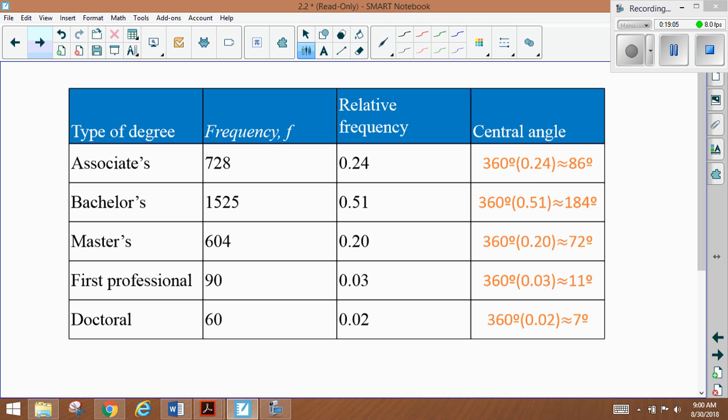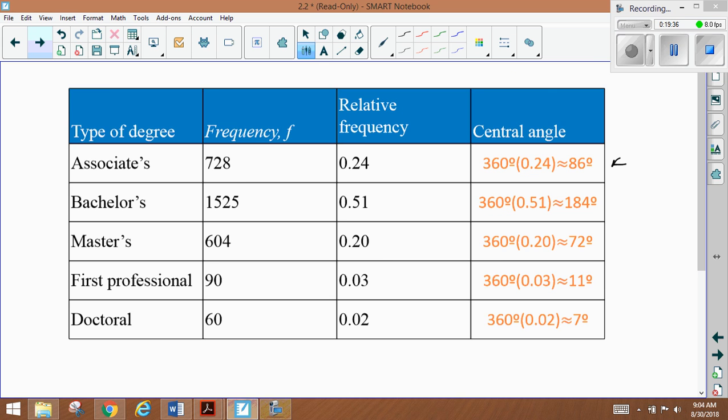So now we know that an associate's degree is going to be at 86 degrees. Bachelor's is going to take up 184 degrees. A master's is going to take up 72 degrees. First professional degree at 11 degrees, and doctoral degrees at 7 degrees.